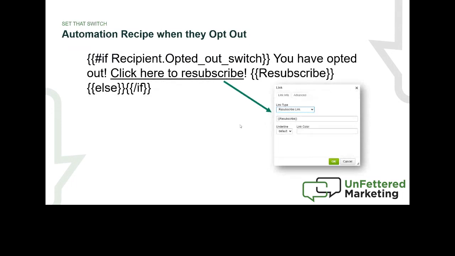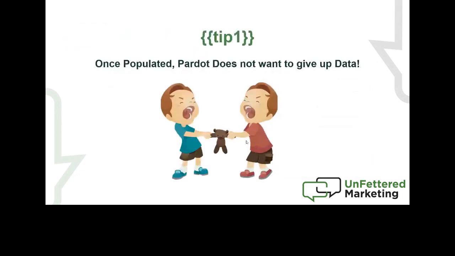So if you don't want to use the full resubscribe link, just create it as part of the link. It's actually a selectable link type in your email builder. So you can just select it as a link type to click here to resubscribe.